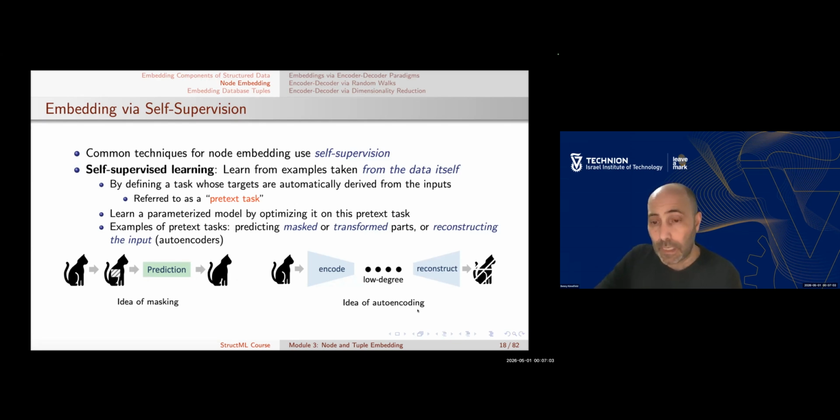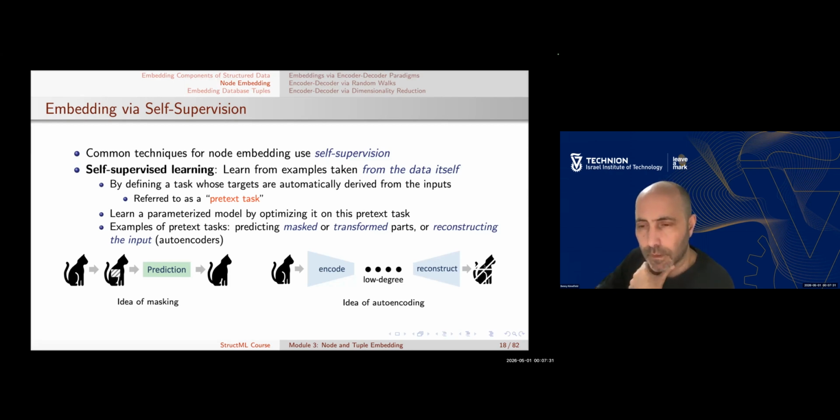The idea of autoencoding is that you take your input and encode it in some way. This is relevant to us because this is going to be our embedding. Think of some low degree embedding with some normalization and so on. From this embedding, you want to reconstruct what you started from. Here we reconstructed the cat, and there are some mistakes.